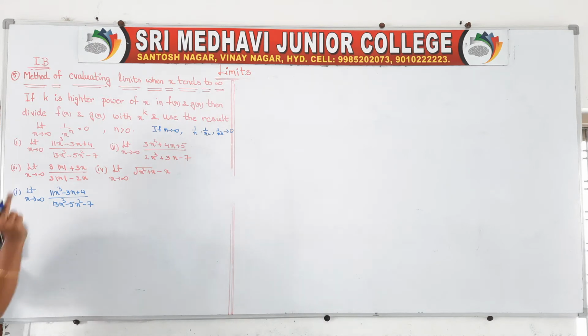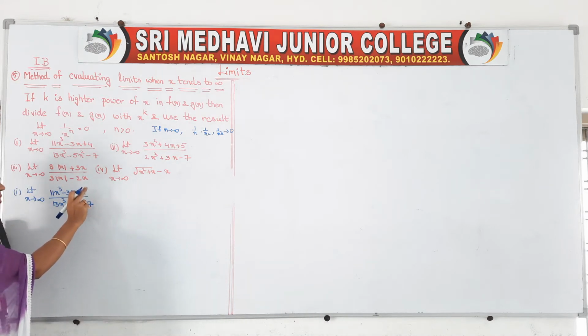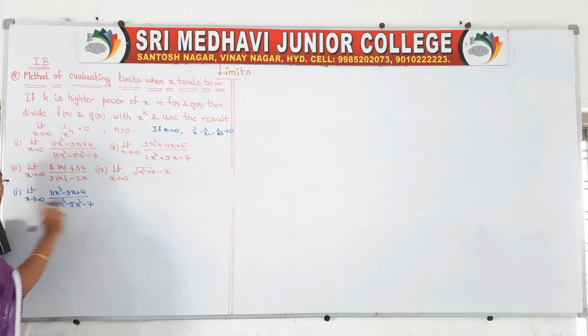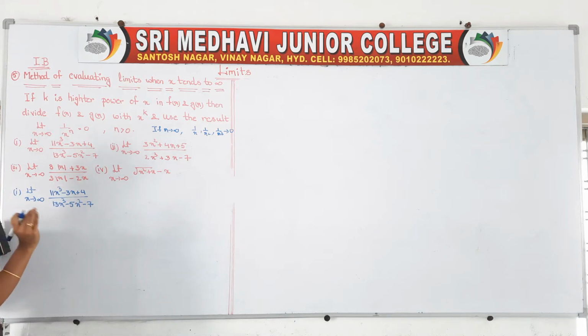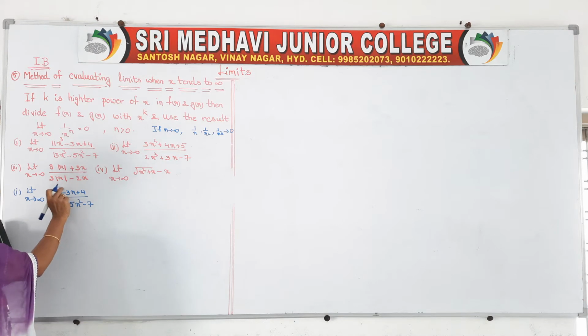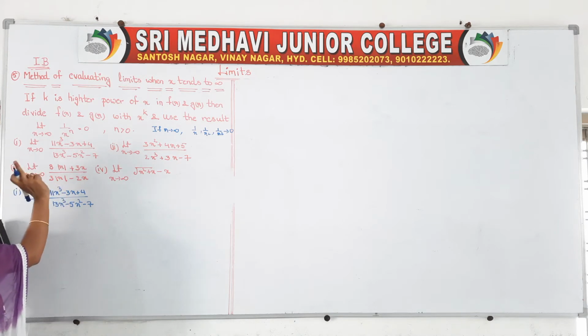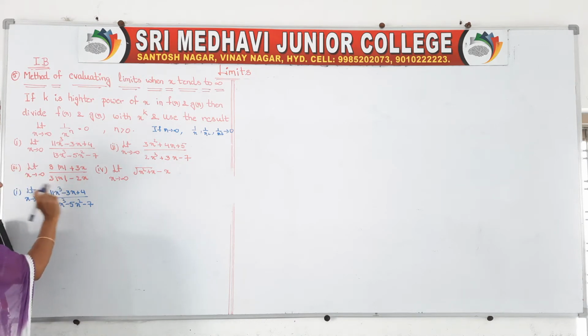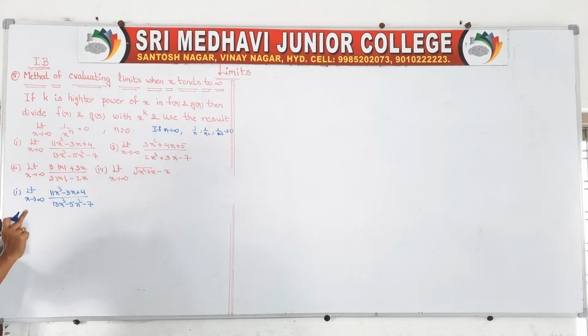So, the question is in the form of f of x by g of x. Whenever the question is in the form of f of x by g of x and x tends to infinity, we have to check the highest power. What is the highest power? 3 is the k. If k is the higher power, 3 is the higher power. So, we have to divide f of x and g of x by x to the power of k, that means here x cube.